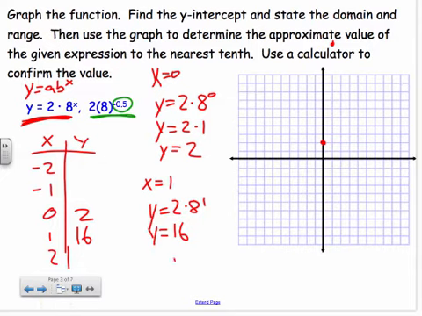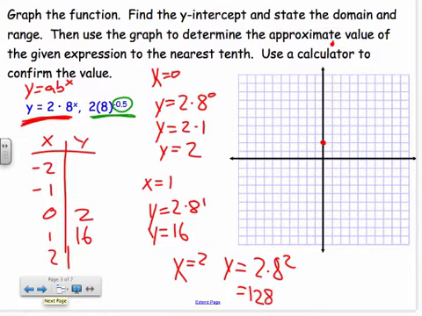And I get y equals 2 times 8 to the second. This is going to be a big number, isn't it? 2 times 64, 128. Holy buckets, okay? So I know this is things going way up fast. I can't even graph that. I might have to change my scale here. I still wouldn't even be able to get it, so we're going to leave this like this. I'm going to just count by ones. So I got 128.